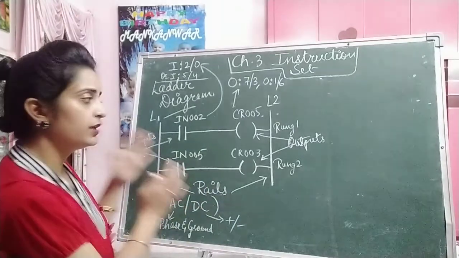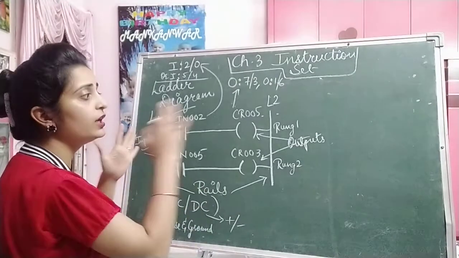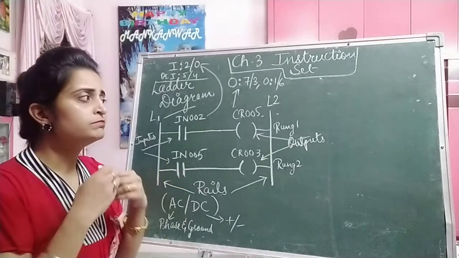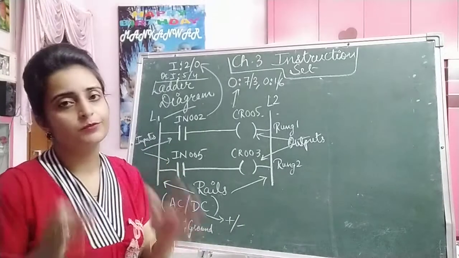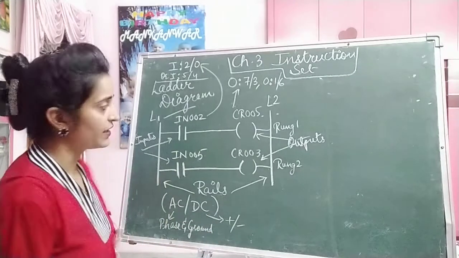So listen very carefully, as it is very important. If you are able to understand this, it will become very easy for you to do the programming of the PLC.